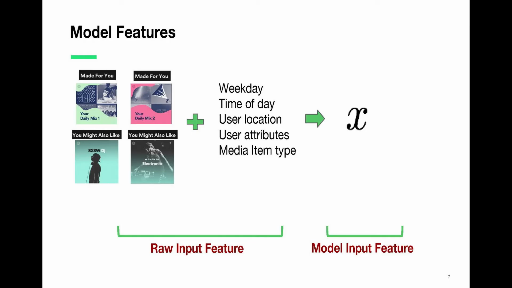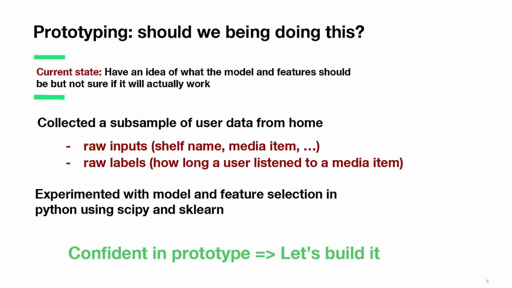We're going to have our raw input features, and then we want to go to our model input features, taking those categorical representations and converting them into some form X that can be passed into a model. This is where Featran comes into play. You can think of X as a dense vector full of zeros and ones.